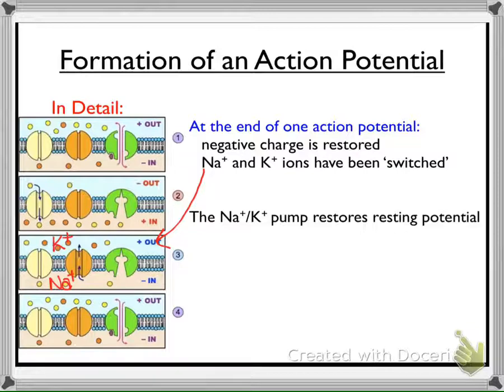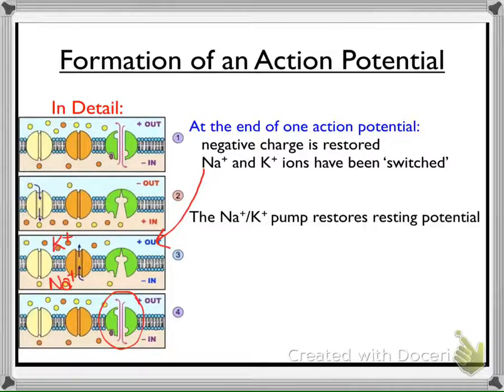And so even at the end of hyperpolarization, we actually still have to return the axon to resting potential. And that is done again by the sodium-potassium pump. So over time, and we are talking milliseconds because nerve impulses are sent at an incredible rate in our bodies, but in terms of the length of a whole action potential, it takes time.